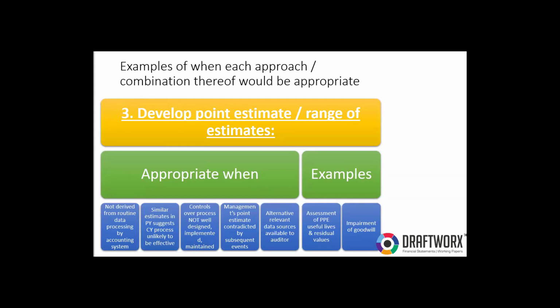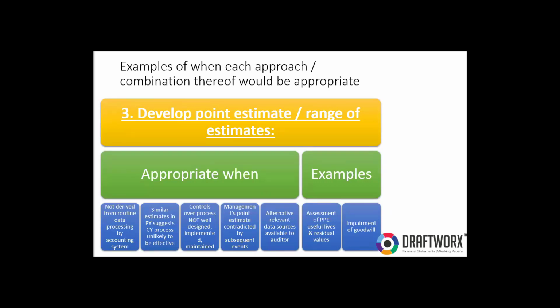All right, so a similar system will not necessarily work. Then you have to use the facts and circumstances and develop a point estimate for this particular year. It will also be more appropriate where, for example, controls over the process are not well designed, implemented, and maintained.